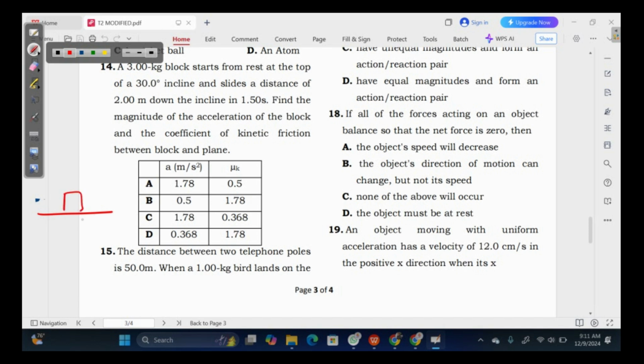Let's assume that the normal force is 50, the weight force is 50. The applied force you are applying here is 30, and the friction force is also 30. Do you think this object is going to move in the x direction or in the y direction, or what is going to happen?